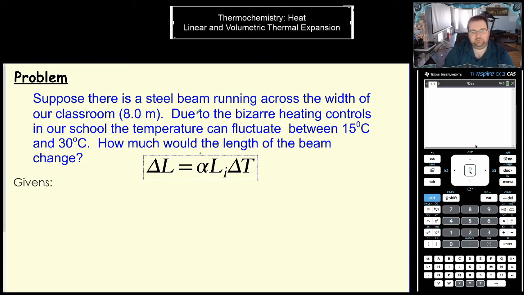So suppose there's a steel beam running across the width of our classroom, and the length is 8 meters. So we have our initial length is 8.0 meters. And we also know that it's steel. And steel is going to tell us our alpha.